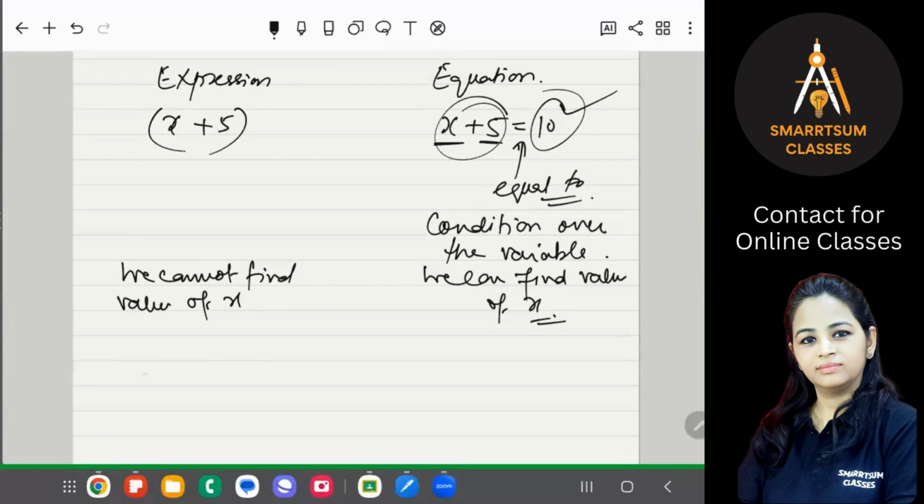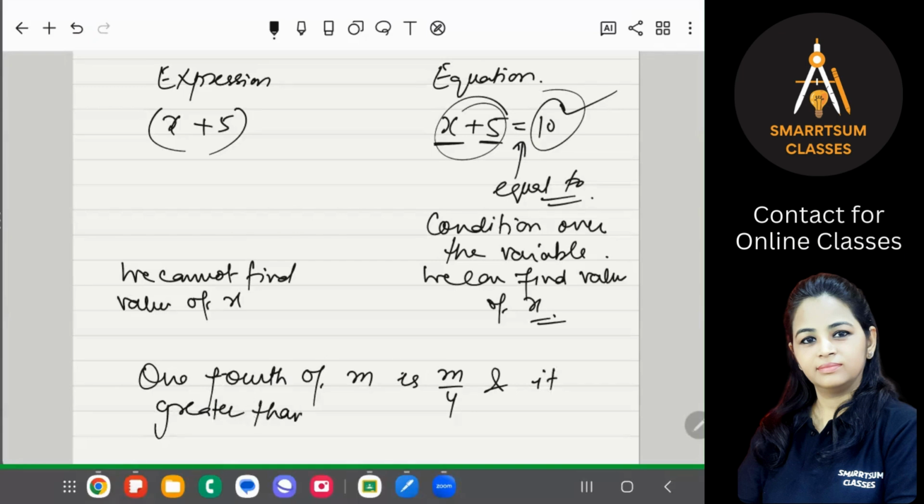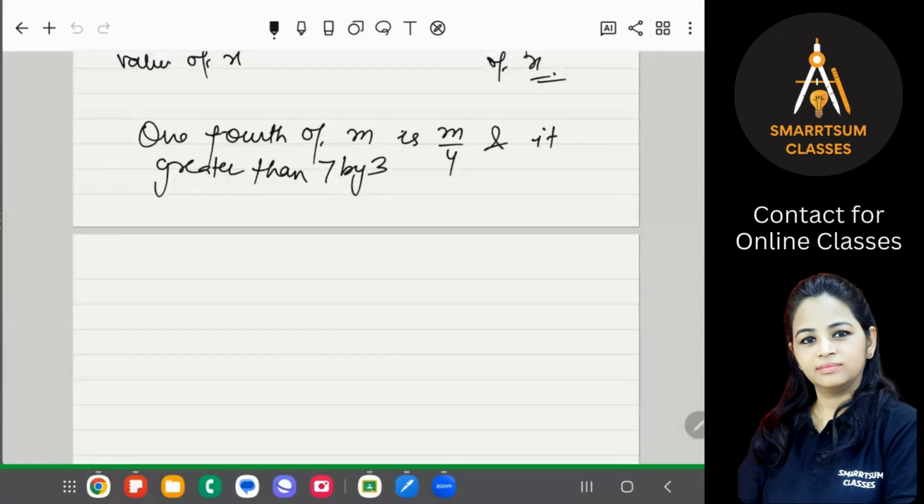When we say 1/4 of m is m by 4, and it is greater than 7 by 3, how will you represent it in equation form? 1/4 of m is m by 4, and it is greater than 7 by 3.